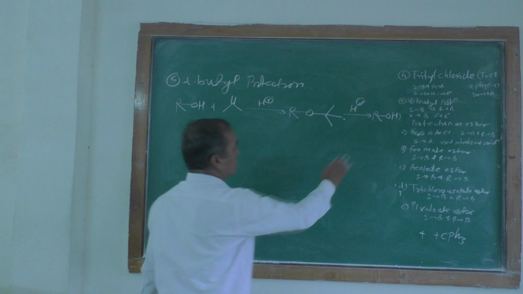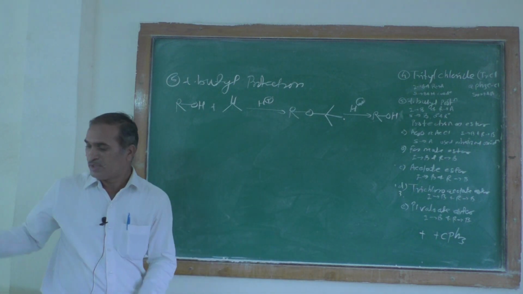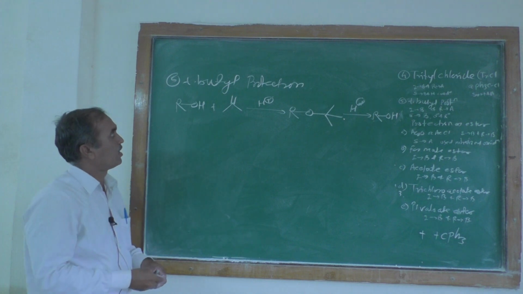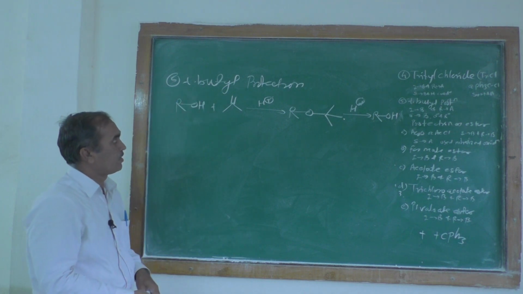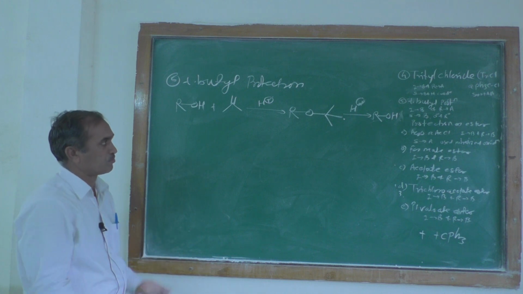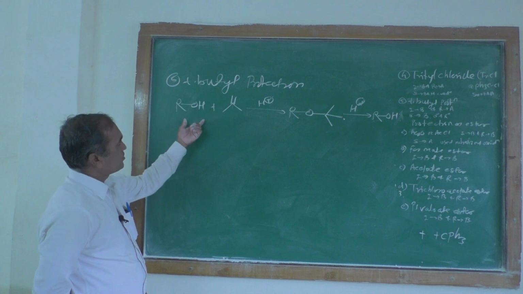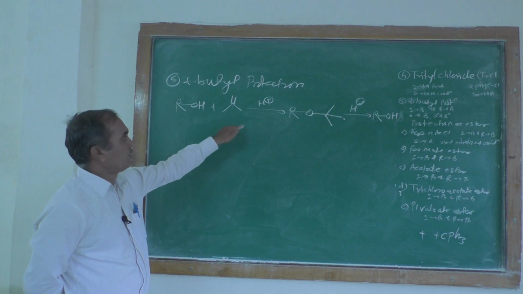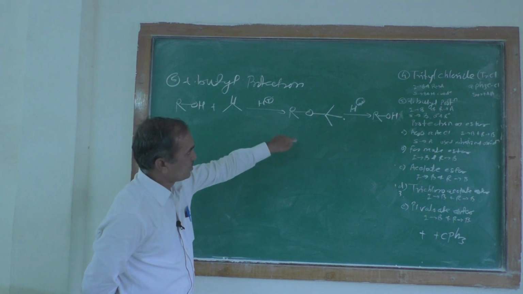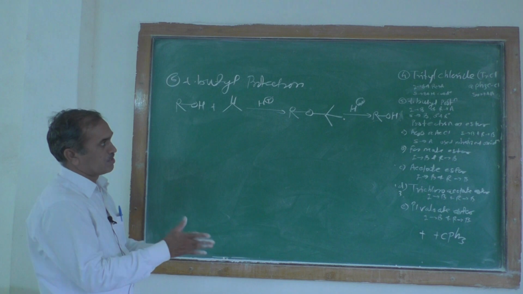So this is the general protection and deprotection reaction of an alcohol with tertiary butyl as a protecting group. Now let us look at the mechanism. The protection is introduced under acidic condition, and is also removed under acidic condition.